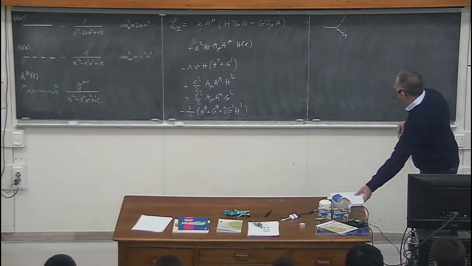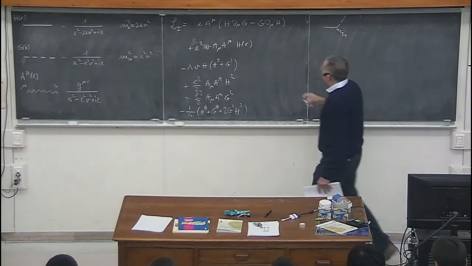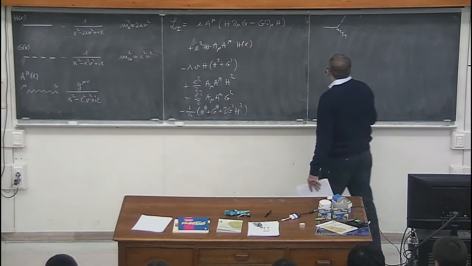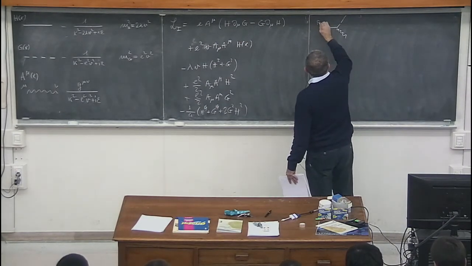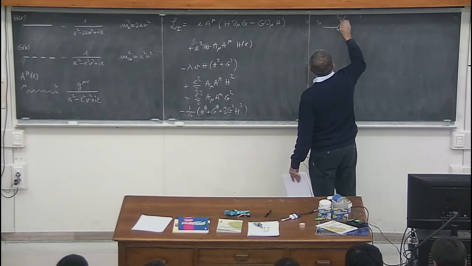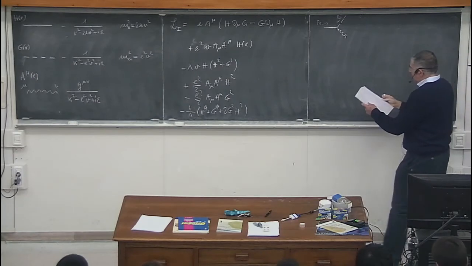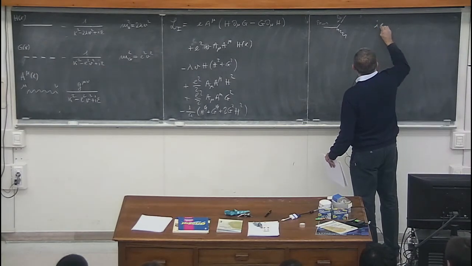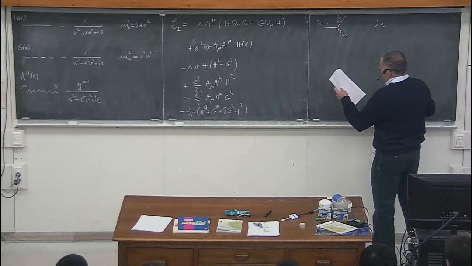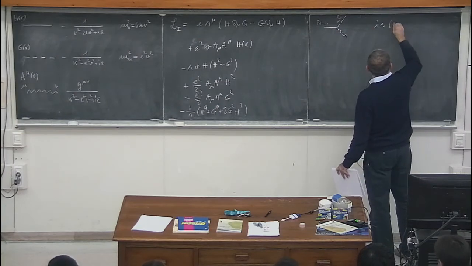There are momenta here because of these derivatives, and if I take PH and PG to be both incoming momenta, the Feynman rule is i e (PG minus PH).